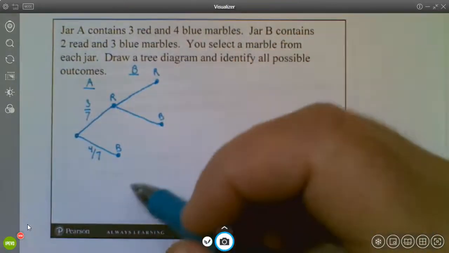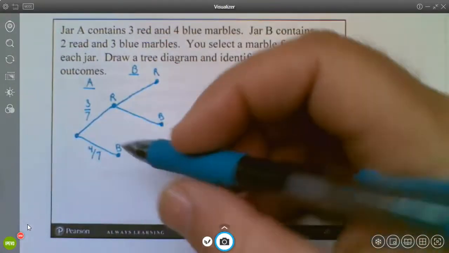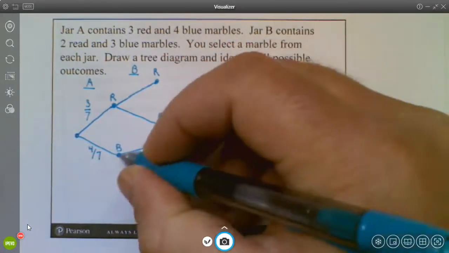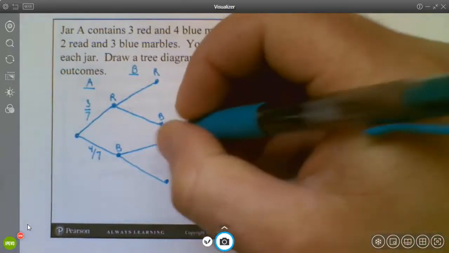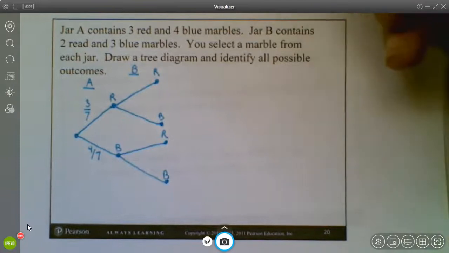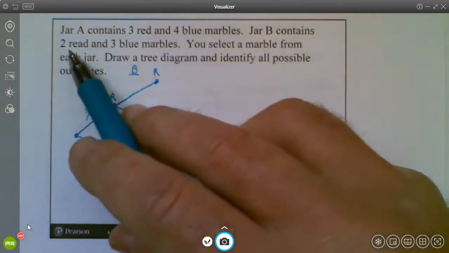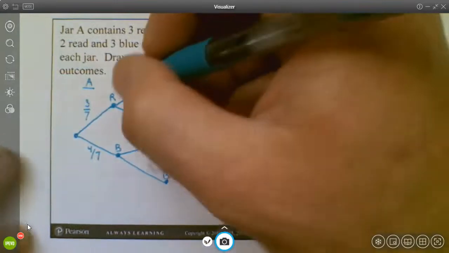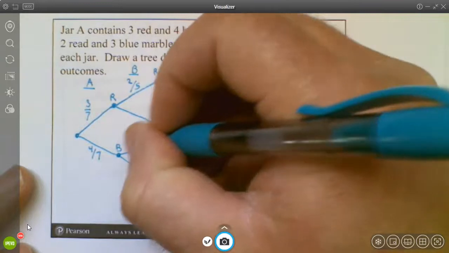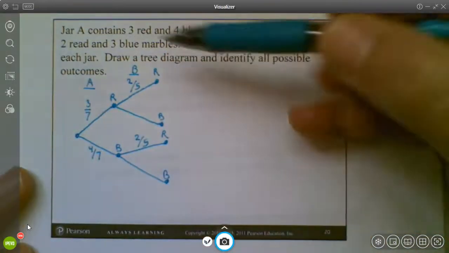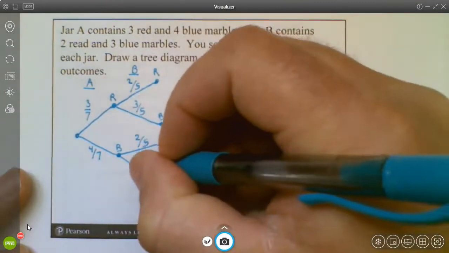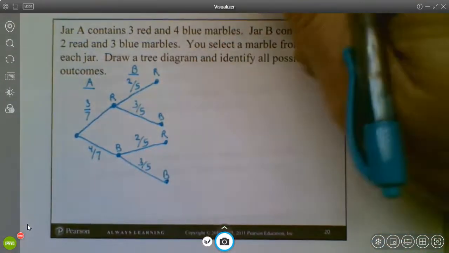And the same would be true if I were to reach into jar A and pull out a blue marble. I'm still going to have the options of red or blue from jar B. So let's look at those probabilities. So in the second jar, there's 2 red and 3 blue, so 2 out of the 5 marbles are red. And 3 out of the 5 are blue. So it looks something like this.